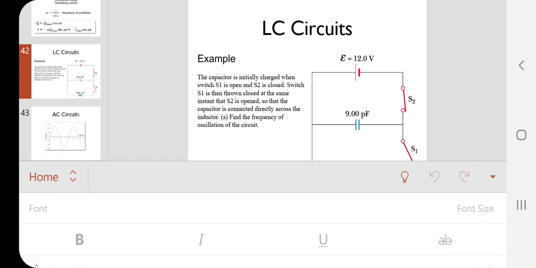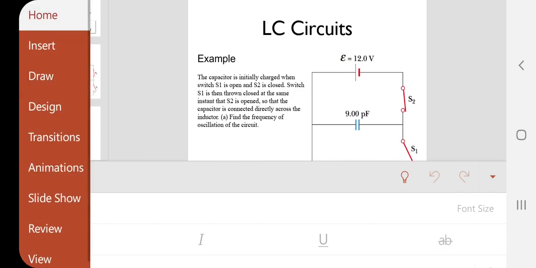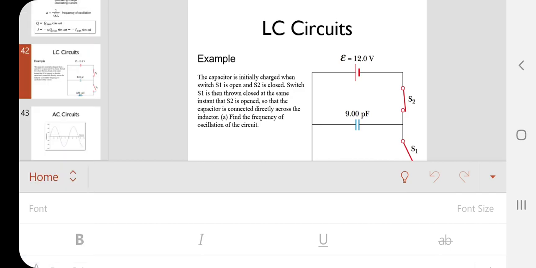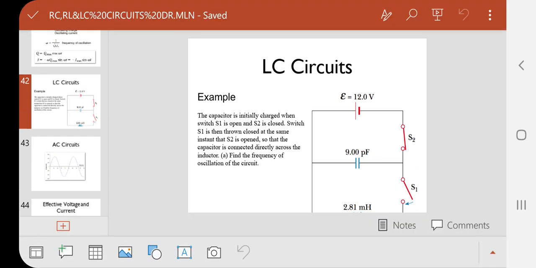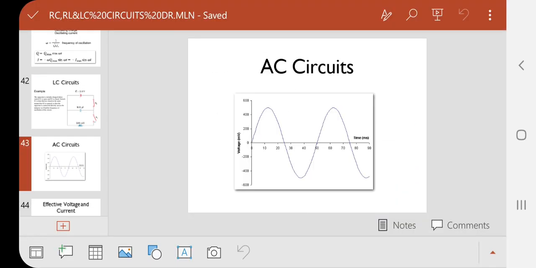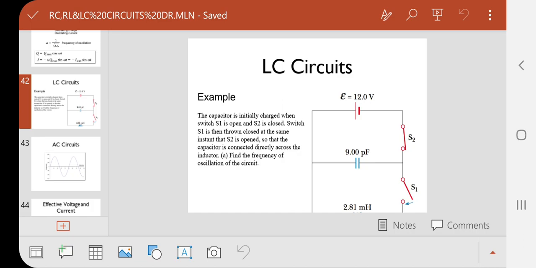You already know the values of the capacitor and the inductor; just go through that. Observe that the inductor is 2.81 millihenries and the capacitor is 9 picofarads. Using the formula f is equal to 1 by 2 pi root LC, apply these two values and find the frequency of oscillation of the circuit.